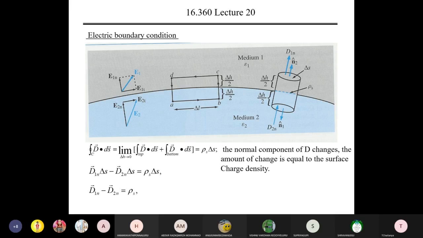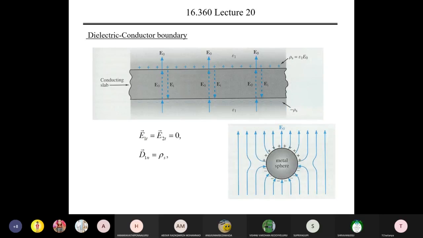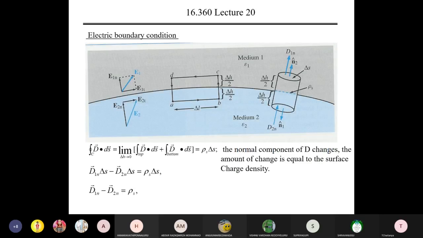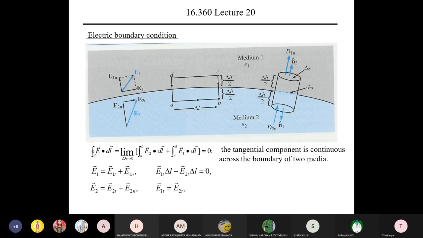From the given equation, D1n minus D2n equals rho s. So this is the electric flux density condition for a cylinder.